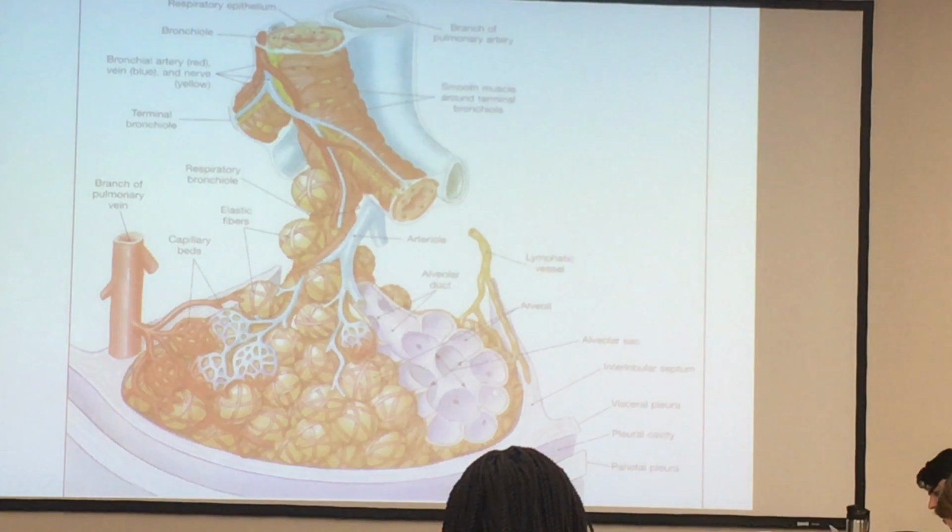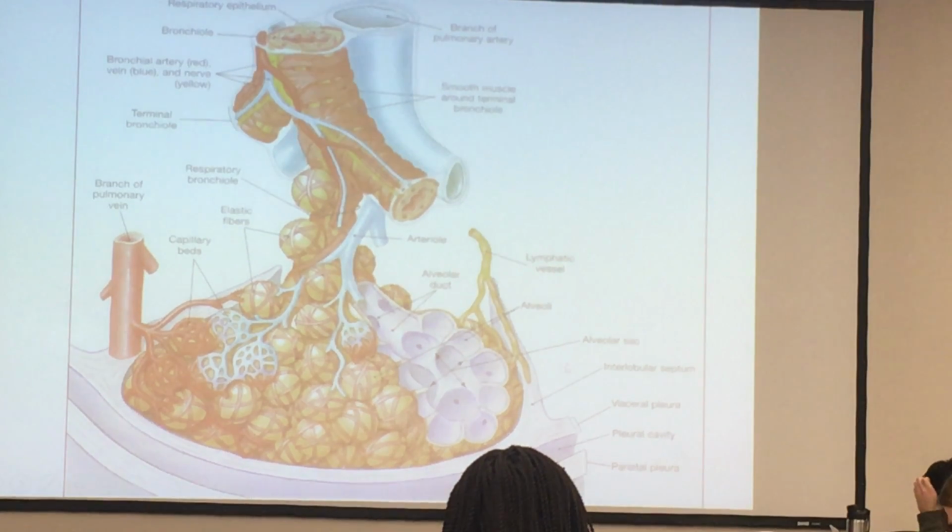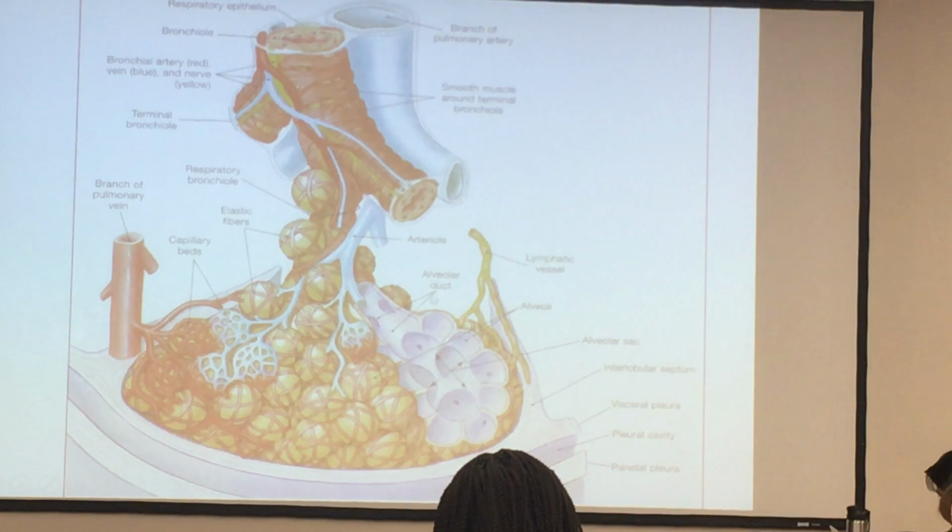Several of them will form a sac, so we call it the alveolar sac, a terminal. In cross section, the outer part looks like a bigger space, and they do have a hole to connect to each other. Several of them form the alveolar duct.